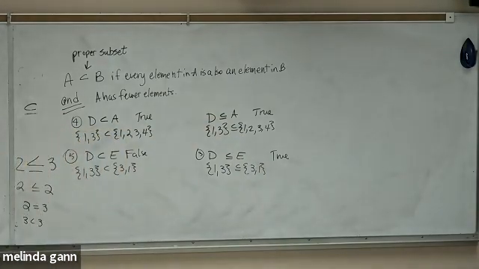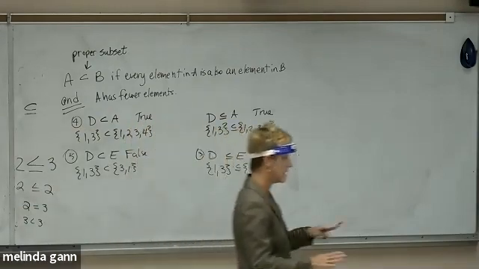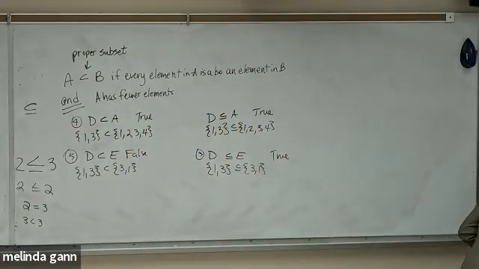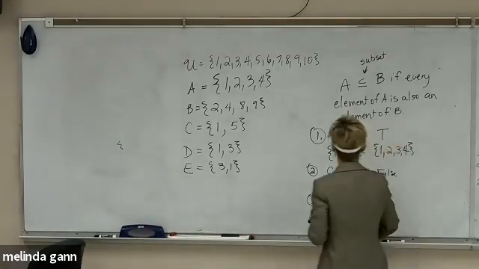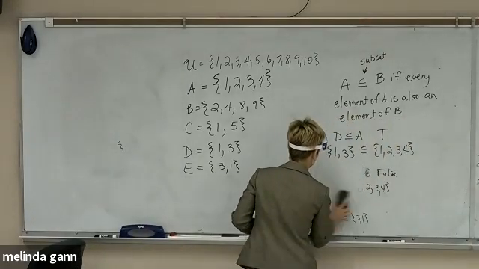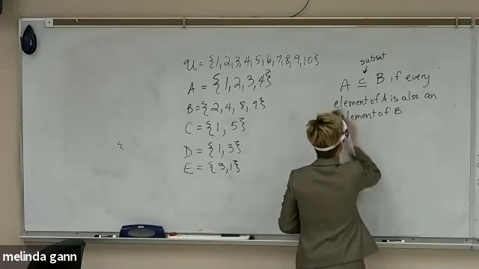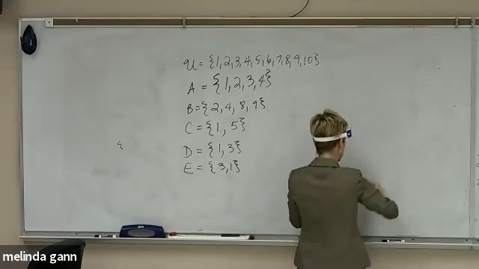All right, now, I told you last time we talked about an empty set. Okay, what's an empty set? A set with nothing in it. There are 2 symbols for empty set.